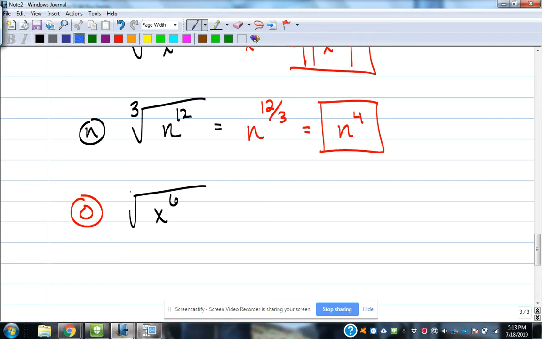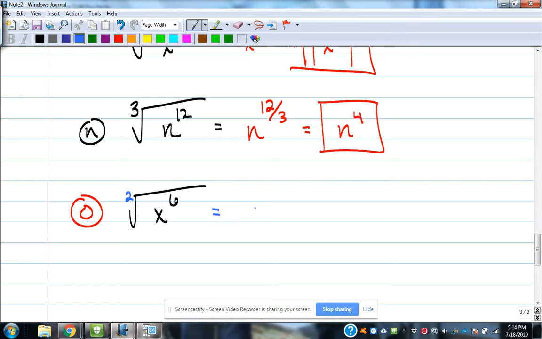If nothing is written up here, what's really there? Not a 1. When it doesn't have anything written there, what kind of root is it? It's a square root. So it's really an understood 2 that's there, which seems weird because everywhere else in math we say it's a 1 understood to be there. But when we're dealing with radicals, it's understood that the least radical that you're ever going to do is a square root. So it's understood to be a 2 there if nothing is written.